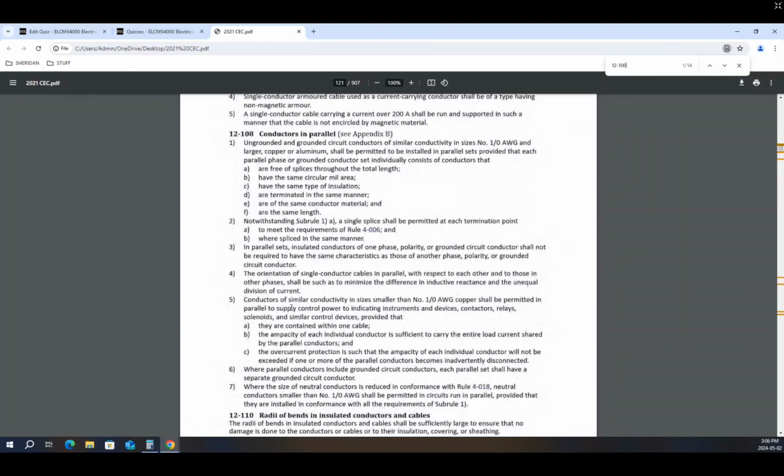If they're smaller than 1 aught, they shall be permitted in parallel to supply control power, if they are contained within one cable of capacity sufficient to carry the entire load shared by the parallel conductors.